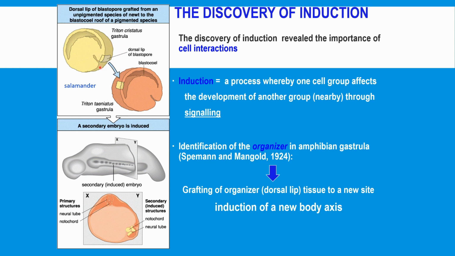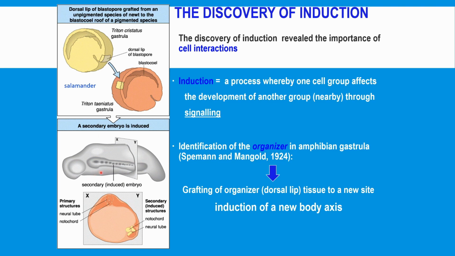But they found that when they took an area of cells from around the blastopore and put that in a different part of the animal, the other embryo, that this region had organizing function. So it was able to induce cells to become something different from what they would normally become in the adult.